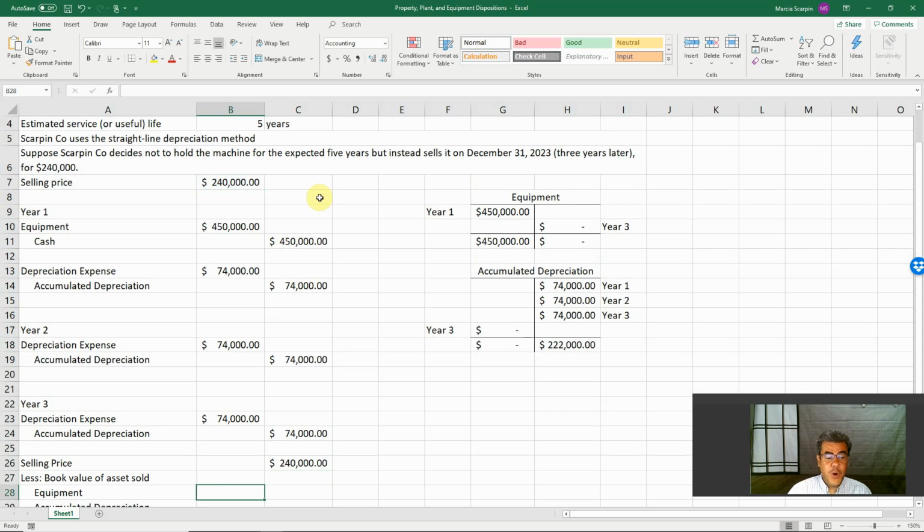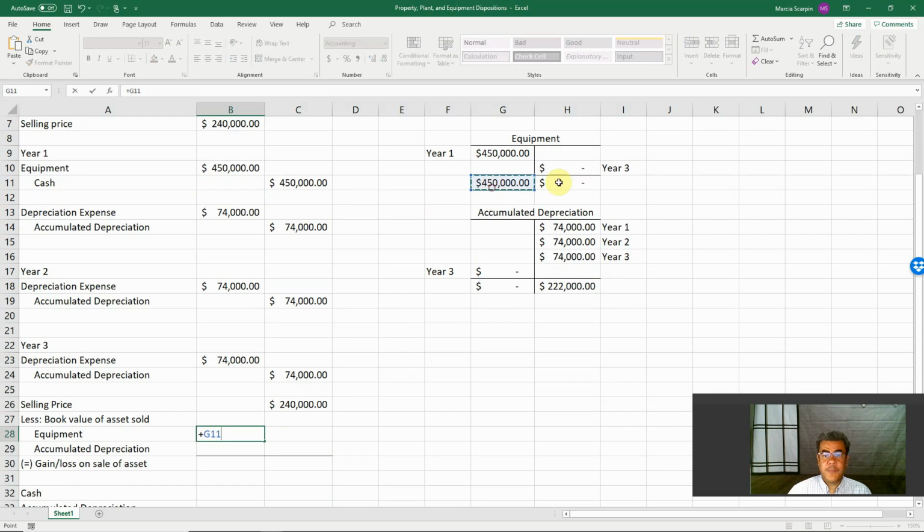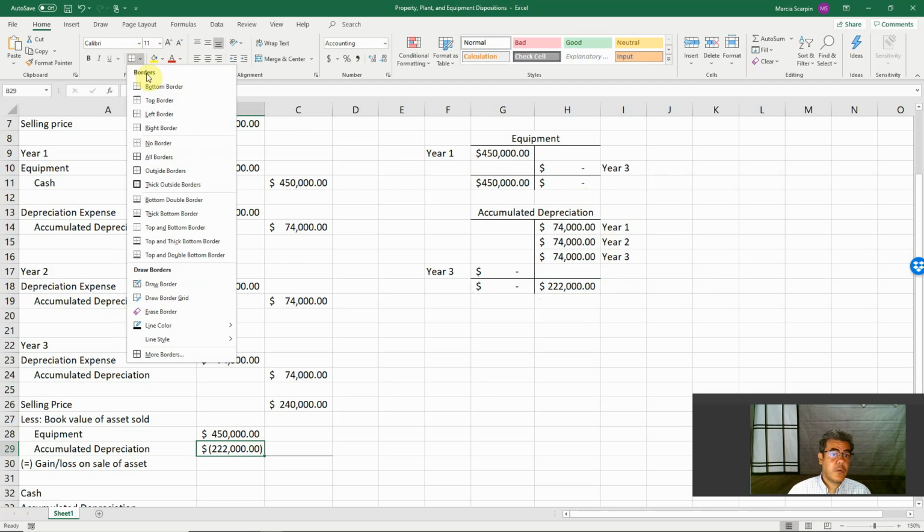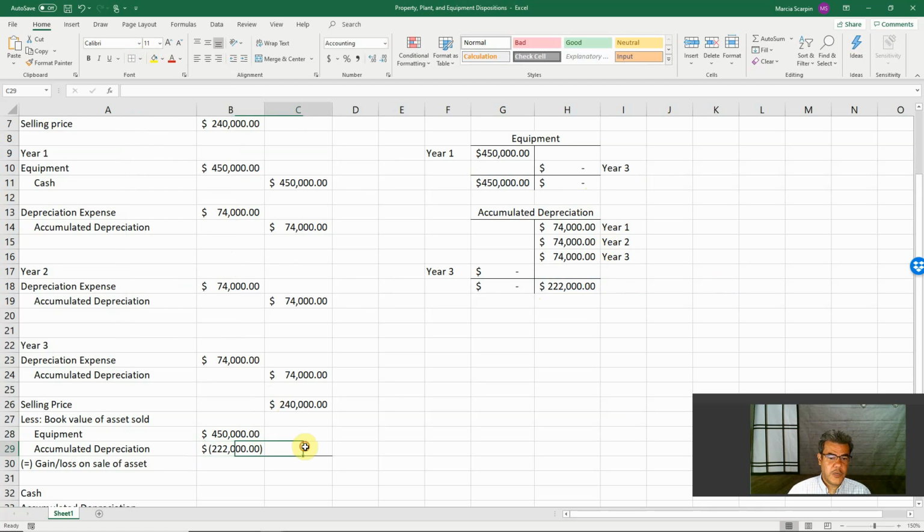How do we find the book value? The ending balance of equipment here, 450, less accumulated depreciation, less this 222. So here, the book value is negative 450 plus accumulated depreciation because it is negative.